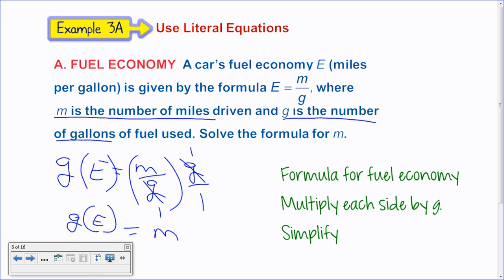Okay. Hope you wrote this down because you're going to need it for the next problem. Remember what everything is. E is what? Economy. Fuel economy. M is number of miles. G is the gallons in my car that I'm using, right?